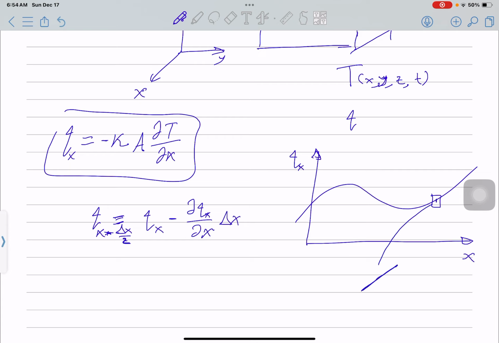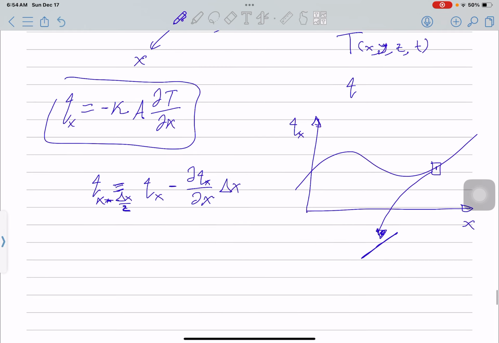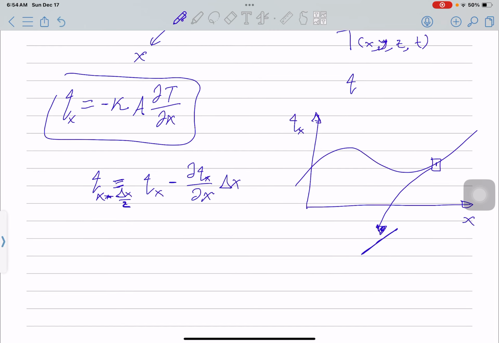If we zoom in on this portion, we will see some kind of line that has a slope that can be determined from partial Qx by partial x. So we have the slope and the value at this point, Qx at x.